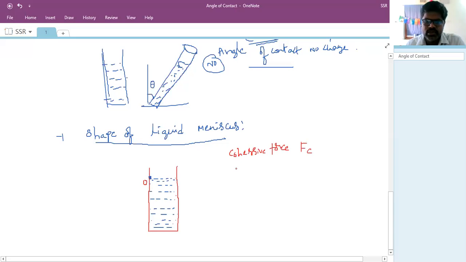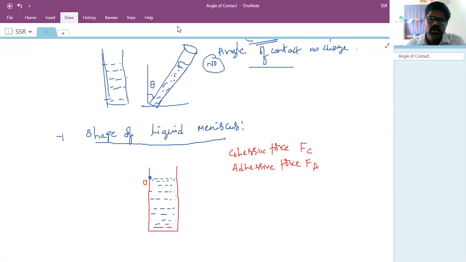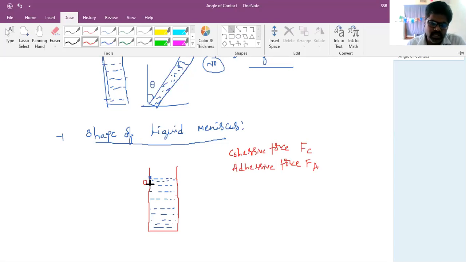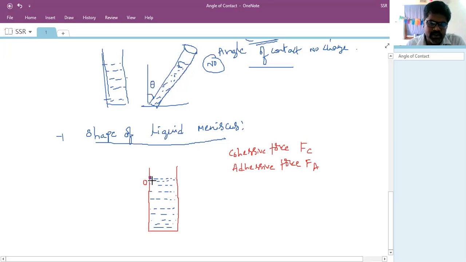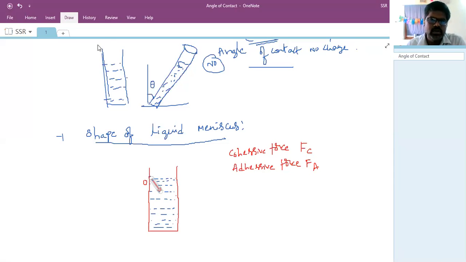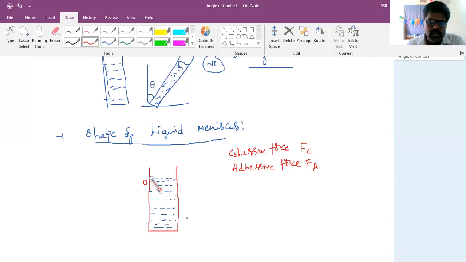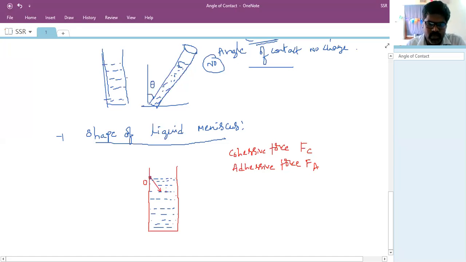The other is the adhesive force, FA. Cohesive force is between what? Suppose this is the liquid molecule and inside there are also liquid molecules. The force of attraction between them, which I am drawing here, is FC, the cohesive force: the force of attraction between two molecules of the same type.